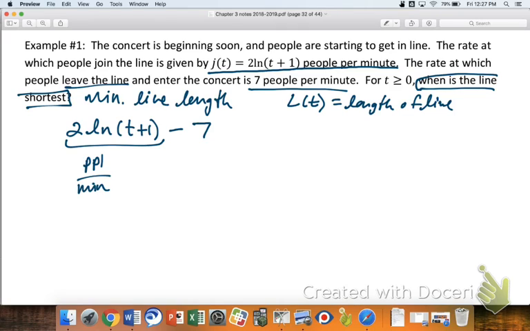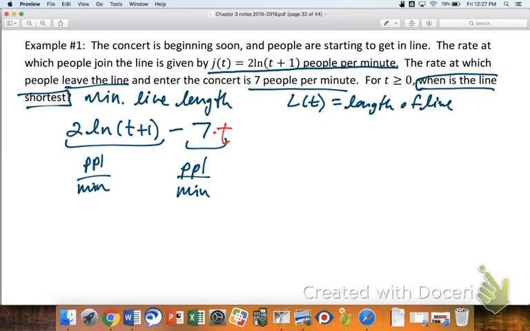Okay, that's a rate, right? What are the units for the 7? People per minute. So as this currently stands, as written, this is beautiful. It is a rate minus a rate. It makes perfect sense. However, if I say, you know what, I learned from Algebra 1 that I always multiply a rate times a time, and I go times t, let's think about what that does to the units.